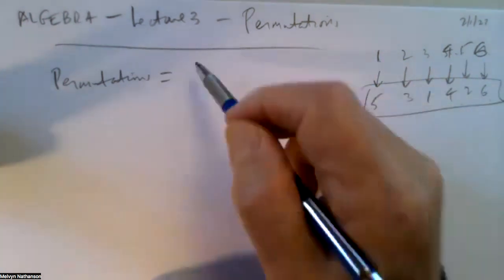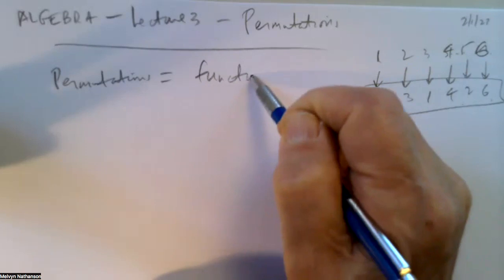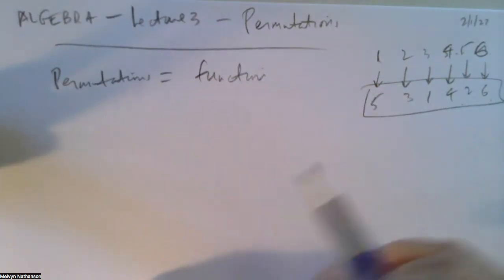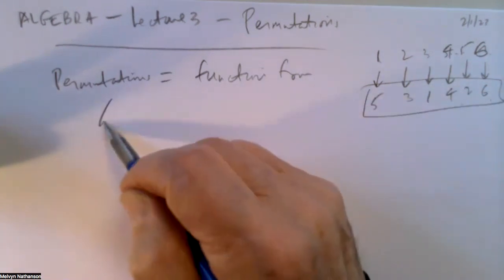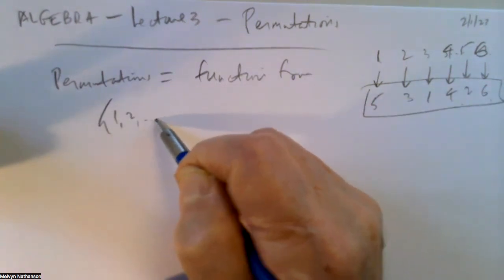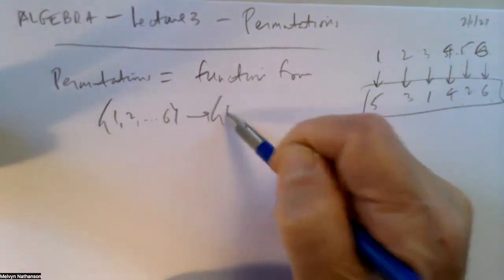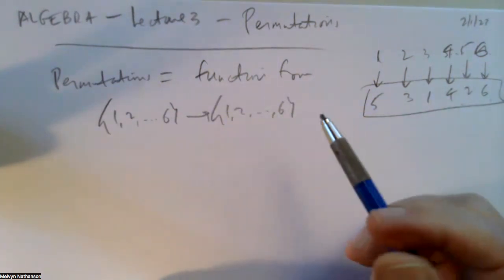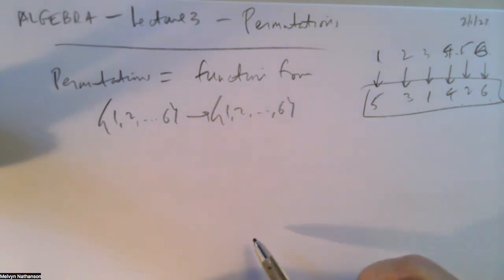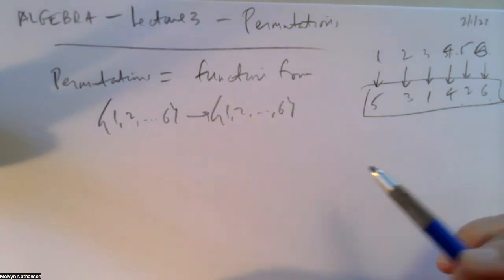And we can think of this as a function, just like in calculus, only easier, a function from the set of numbers to itself. And it's not just any function. You couldn't send every number to 5, for example.